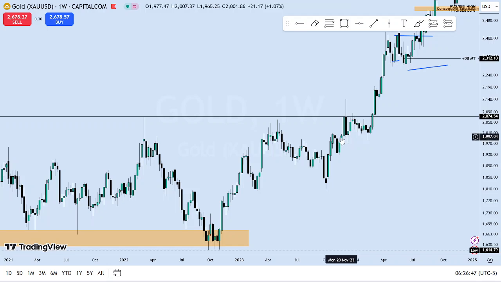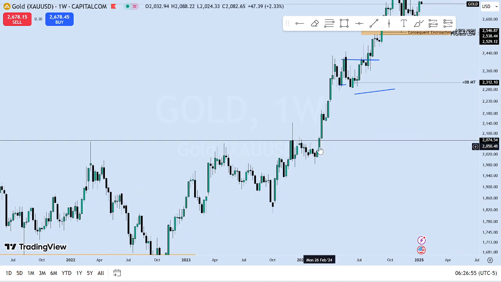There is a small fair value gap here that pushes price to break above, creating a breakaway gap. That's why you are seeing these two, double fair value gap. When you see something like this, double fair value gap, you know that it's a breakaway gap. It's breaking at a resistance or a support level.